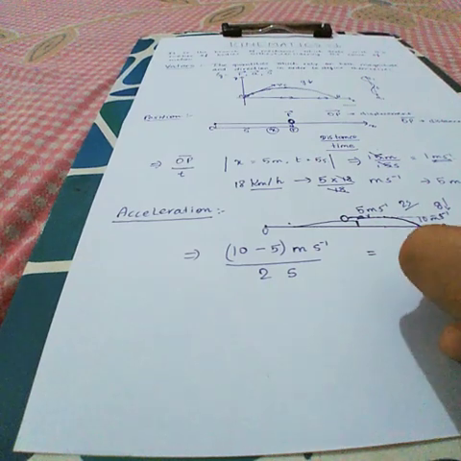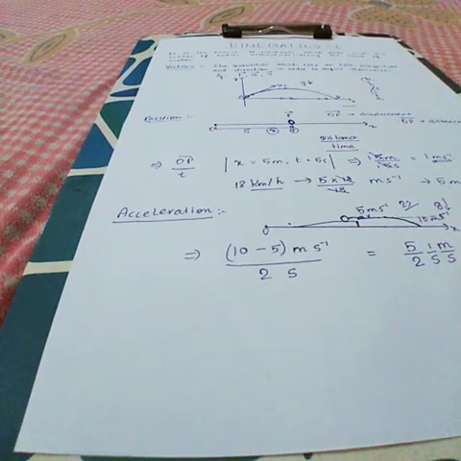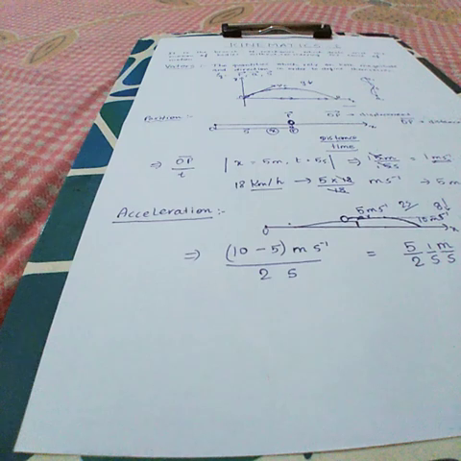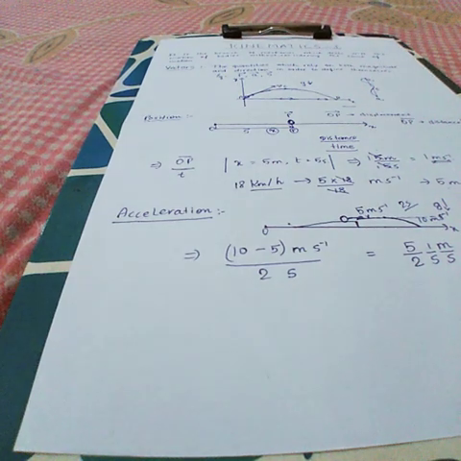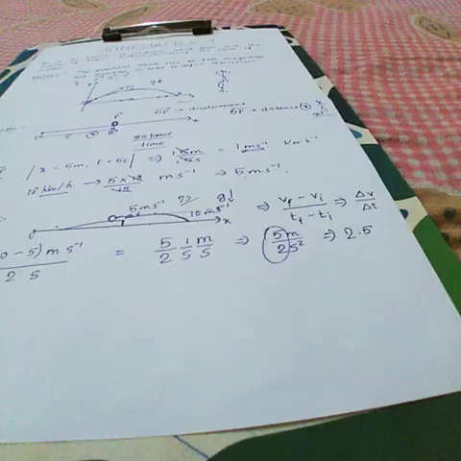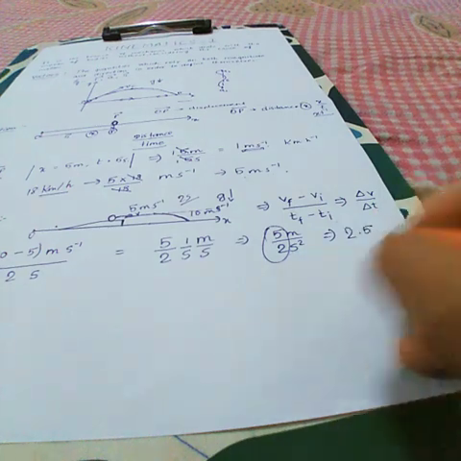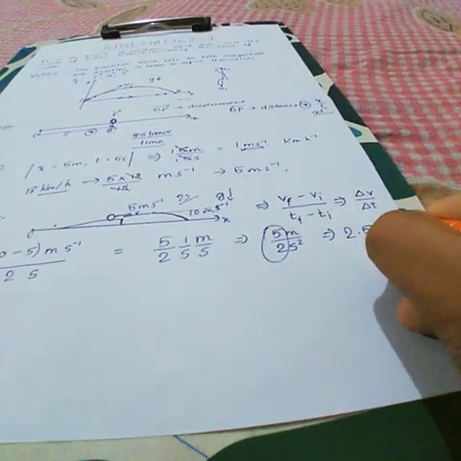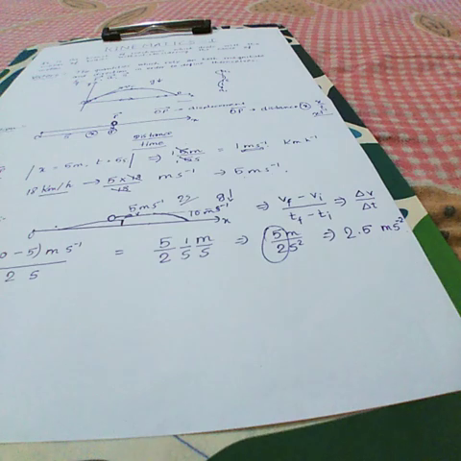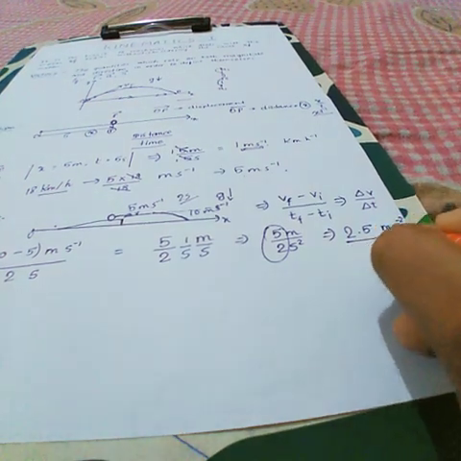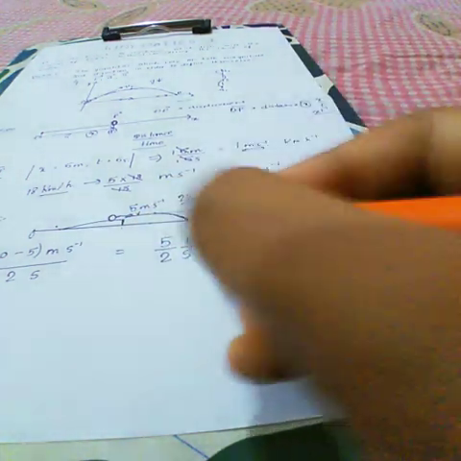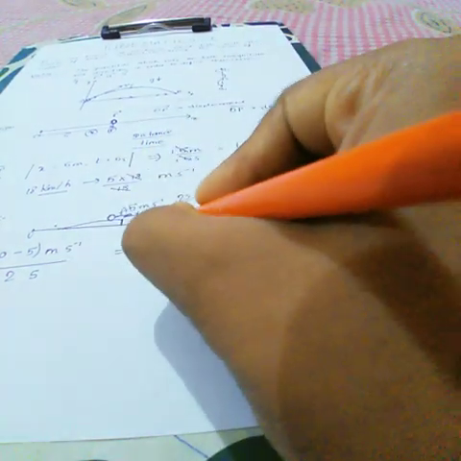So it will become 5 meters by 2 second, and second will multiply to become second square. So it becomes 5 by 2, we can change into a fraction 2.5, and this meter per second square can be denoted as meter into second to the power minus 2. Am I correct? Yeah. So this is the acceleration of this body when thrown from the point A to point C.